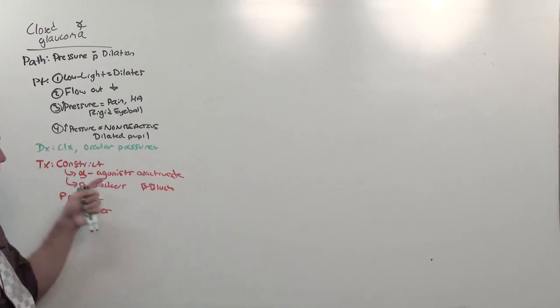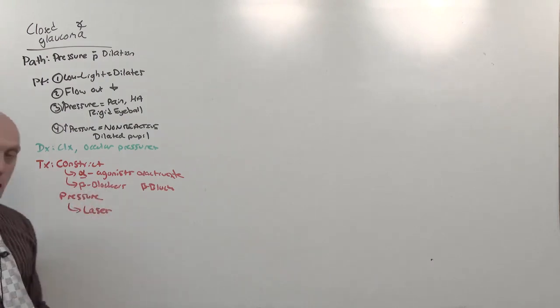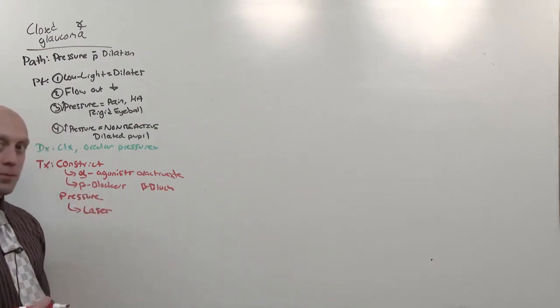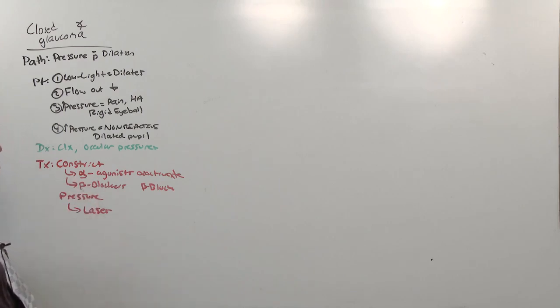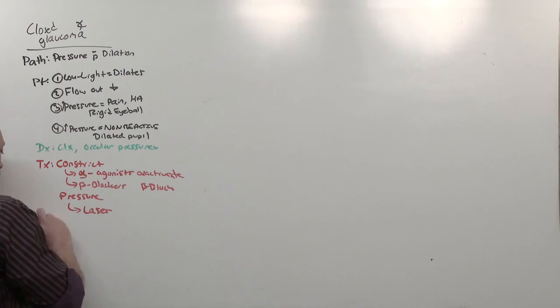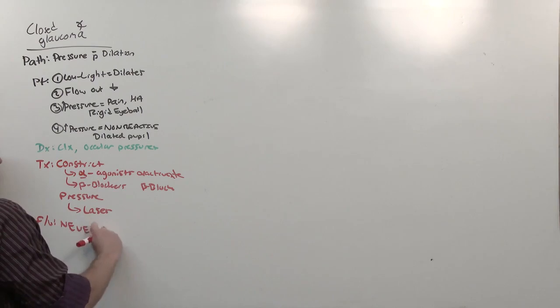Alpha agonists and beta blockers as drops on the eye to constrict the pupil to undo the pathology. And never give atropine to these patients ever. Atropine will precipitate an acute crisis.